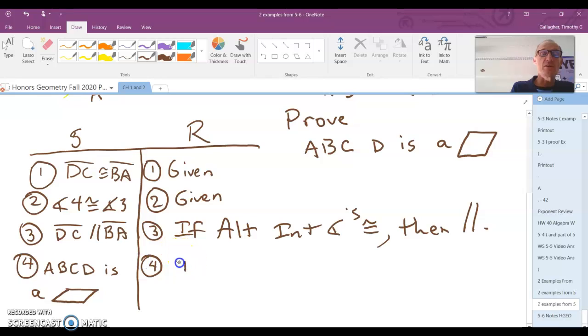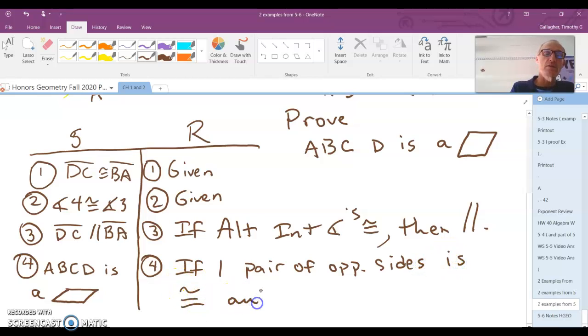And the reason is if one pair of opposite sides is congruent and parallel, the quadrilateral is a parallelogram. Okay? So that's pretty much it for that proof.